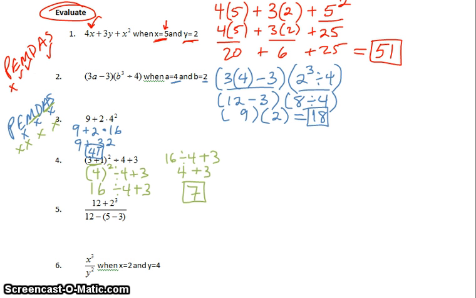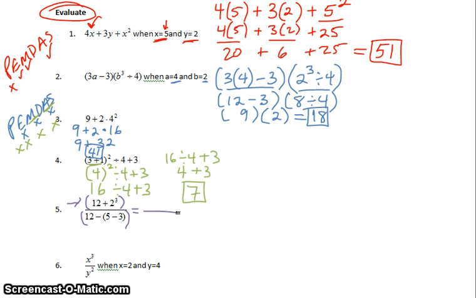Number 5. We have to look at this example as the numerator and the denominator separated by parentheses. So we do the work first in the numerator and denominator separately, and then we'll divide at the end. We have 12 plus 2 to the third power.